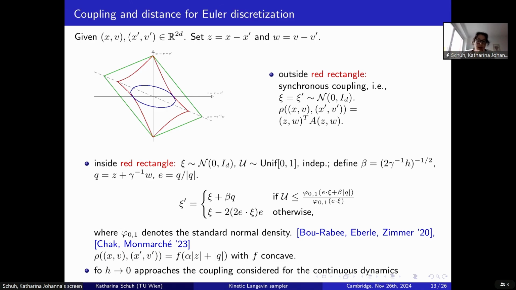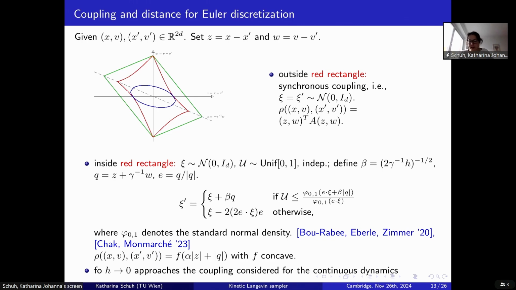And as a distance, we have here some one-type norm, and here this function f is some concave function. One observation we can make is that if Q is equal to 0, so if we're on the dashed line, then we have indeed a synchronous coupling again. And if h approaches 0, then with this construction, the coupling approaches our reflection coupling from the continuous dynamics.